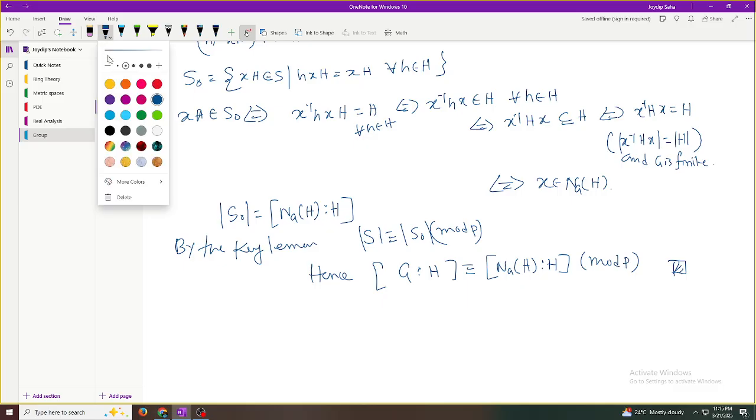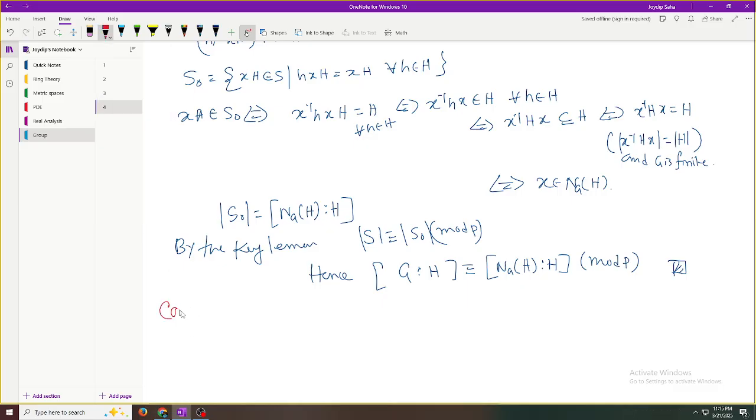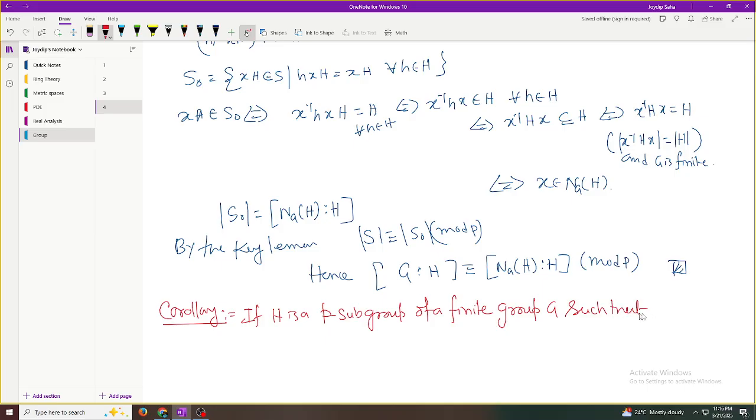So I can conclude from here that if H is a P subgroup of a finite group G such that P divides G colon H, then H is not equal to N_G(H).